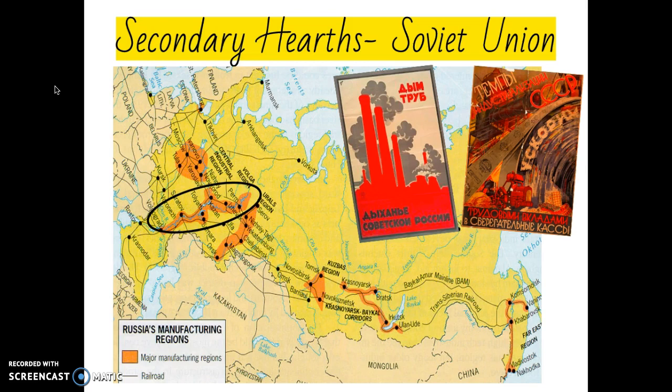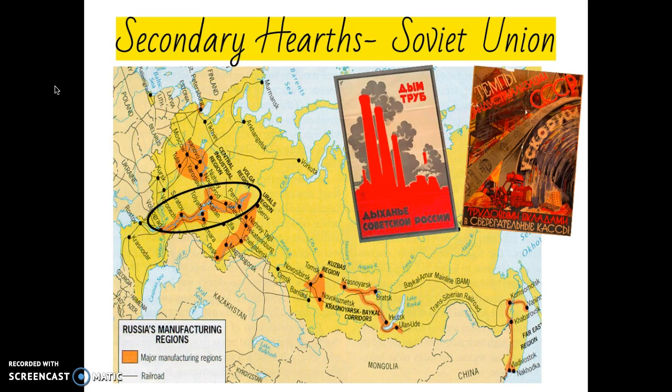And then also, you have to think about the government and economy of the Soviet Union. During the communist revolution, we see the communists sponsor major industrialization in the country as a way to prove power and superiority to the West.